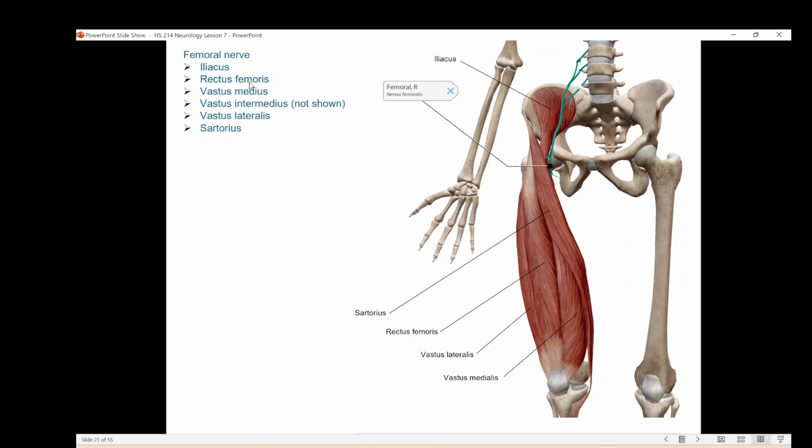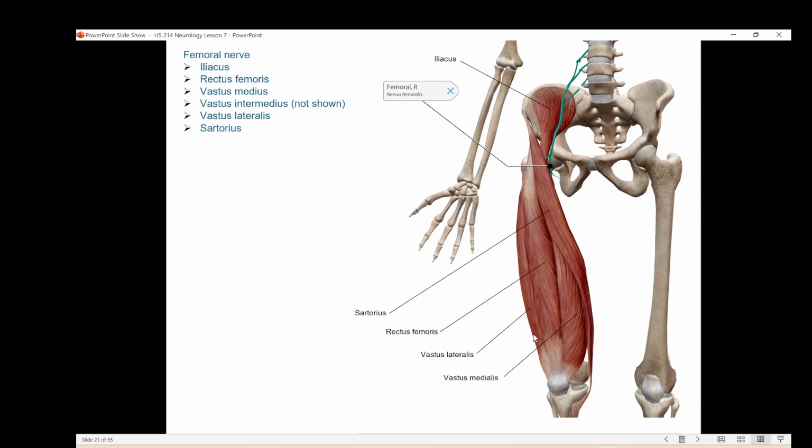Then we have the quadricep muscles. We have the rectus femoris, the three vastus muscles, vastus medialis, intermedius, and the lateralis. So here's our vastus medialis right here. Here's the rectus femoris right here. And then here's the vastus lateralis right here. Now, underneath the rectus femoris, I didn't include it in the image, but right underneath the rectus femoris would be the vastus intermedius.